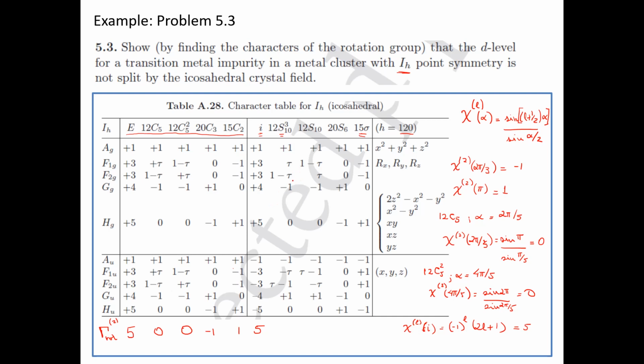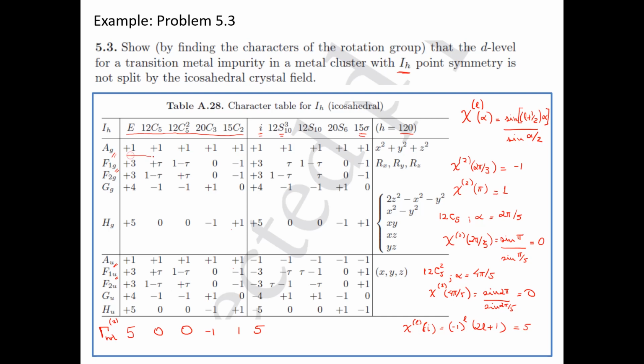And from that you can construct the character table simply by multiplying. Then you have twice the number of irreducible representations. They are characterized by letters G if they are even under inversion, or U if they are odd under inversion. Okay, and you notice that for the even representations, you basically repeat the characters here.